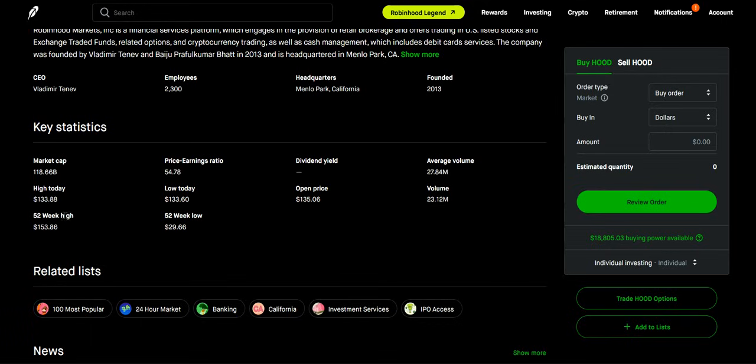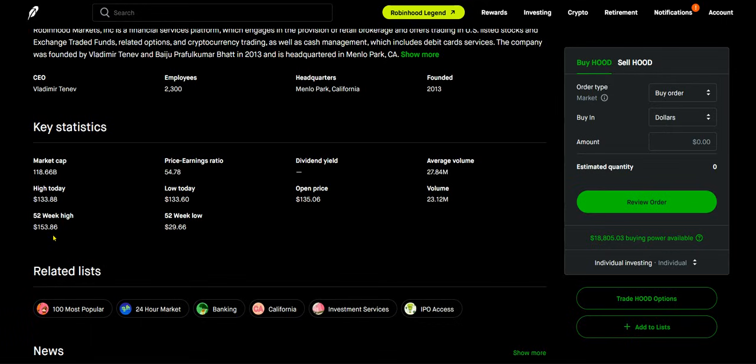So now it's at 133. So you're looking at about $20 per share. That's a little money, and I don't know if it's going to go higher than what it previously did, but that's just a little money there. We're talking $20 extra per share.